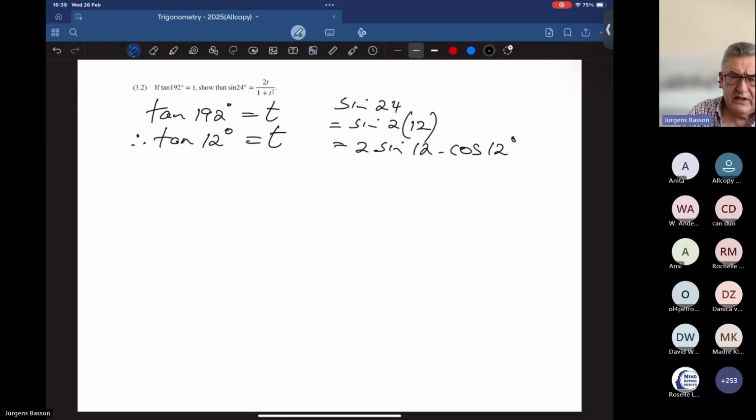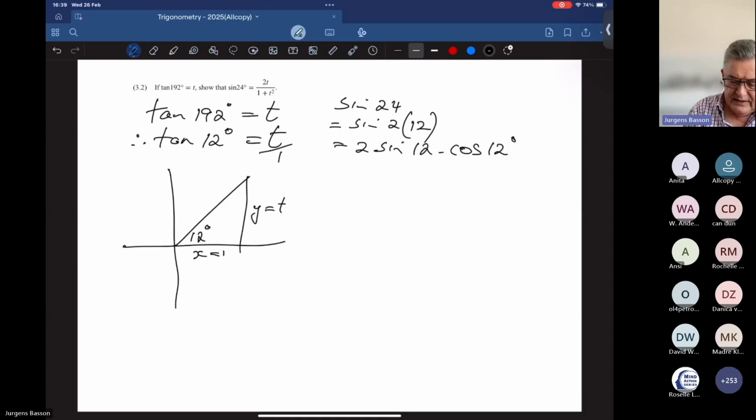And ladies and gentlemen, now we don't have a choice. That question one of the colleagues asked earlier, if you can use a drawing, yeah, you must use it. The square identity is not going to help us now. So my 12 degrees, first quadrant, you put t over 1. Tan is y over x, so y is t and x is 1.